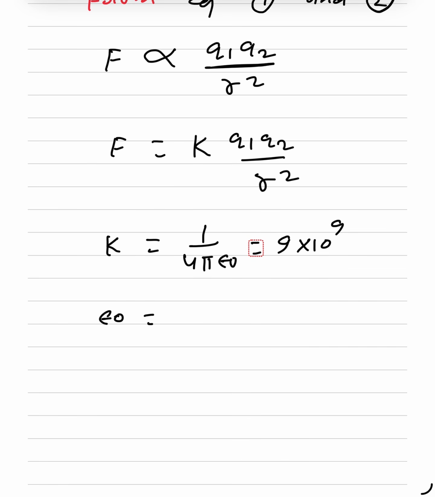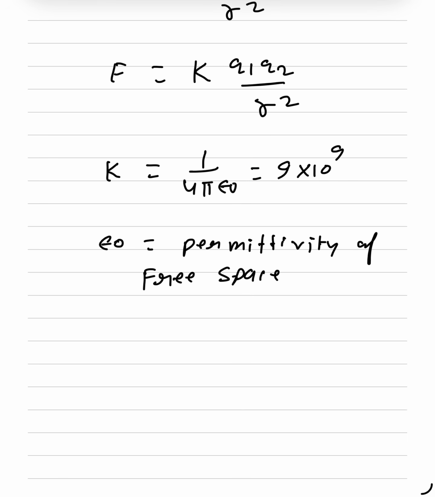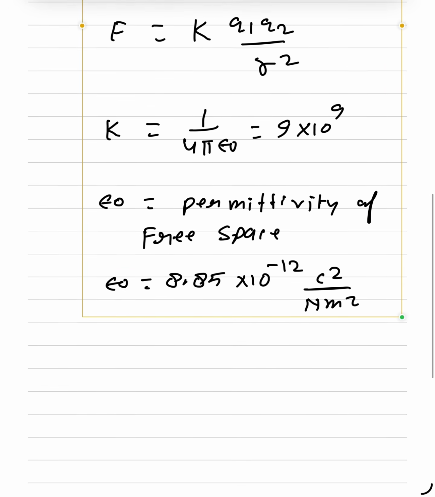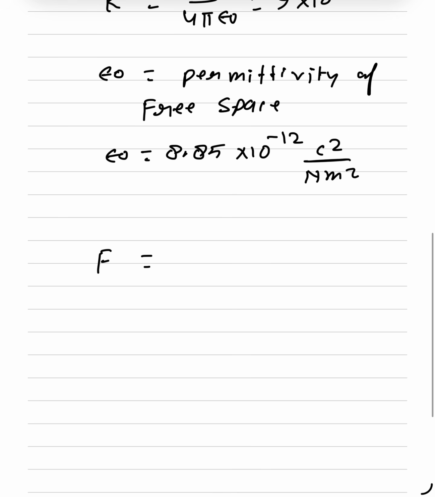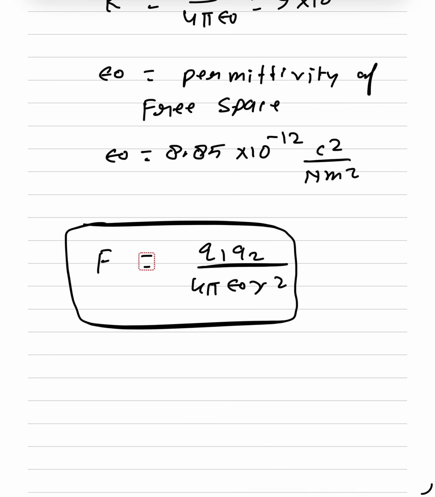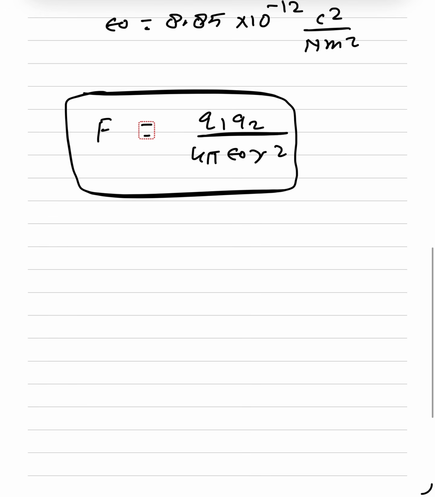Here epsilon naught is the permittivity of free space, and the value of epsilon naught equals 8.85 into 10 power minus 12 Coulomb squared divided by Newton meter squared. Putting this value here, the new formula of the Coulomb force is Q1 times Q2 divided by 4 pi epsilon naught R squared. This is the basic formula of Coulomb force.